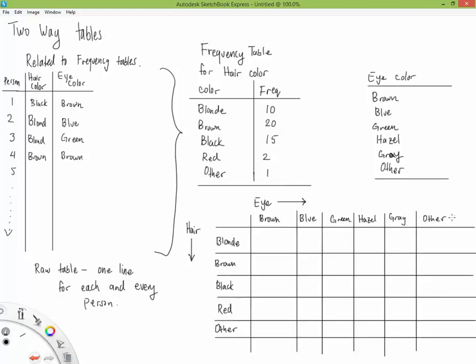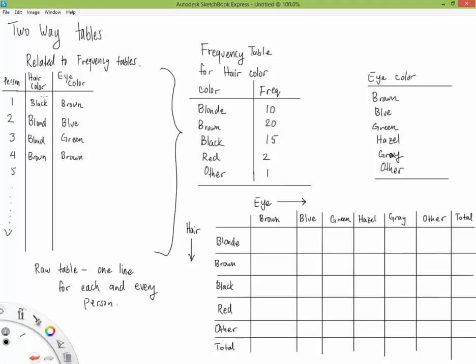I'm running out of room also. And then it's customary to throw in a total column, a total row and a total column.